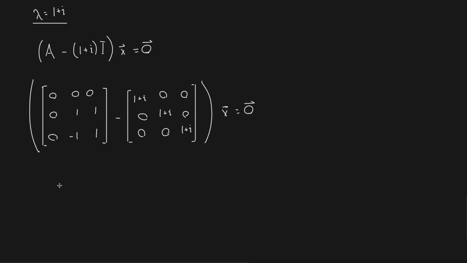And so after the subtraction, we get negative 1 minus i, 0, 0, 0, 1 minus 1 plus i is going to be negative i, 1, 0, negative 1. And then 1 minus 1 plus i is again negative i.